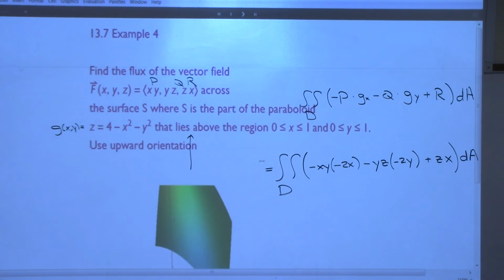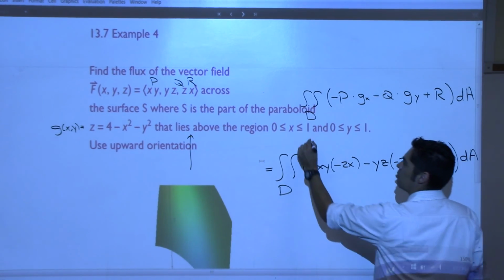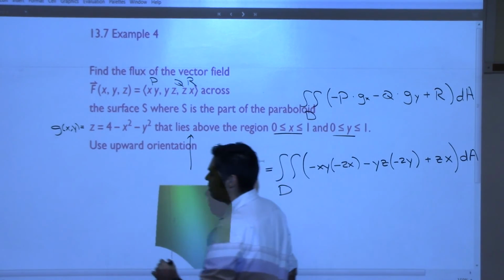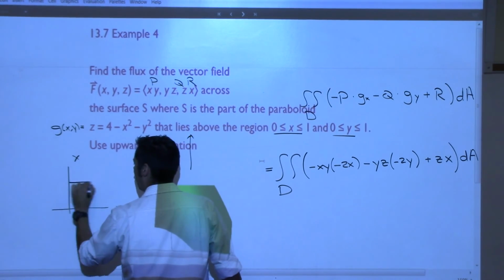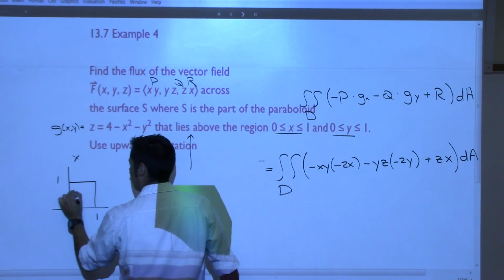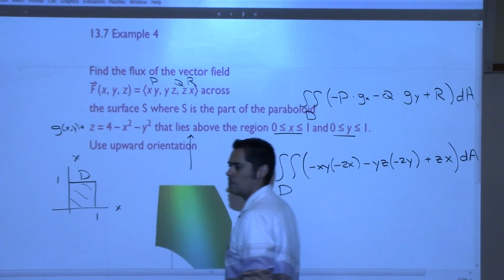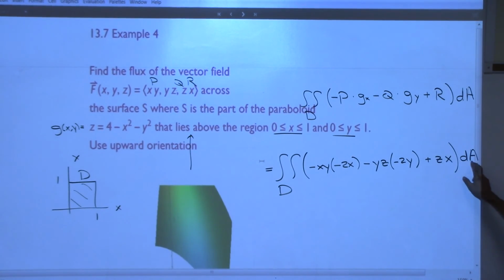Now, my region D on the ground is given to me by this restriction. So I knew that on the ground, x, y, I was inside this box. That's D. So I'm going to have dx dy, or dy dx. It won't matter. Do we plug in 4 minus x squared minus y squared?